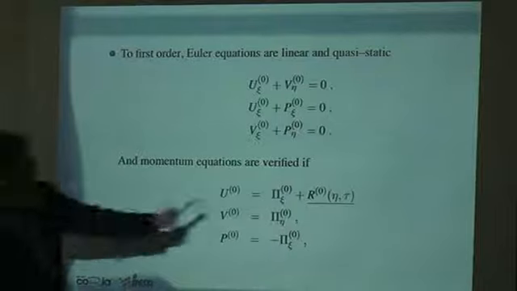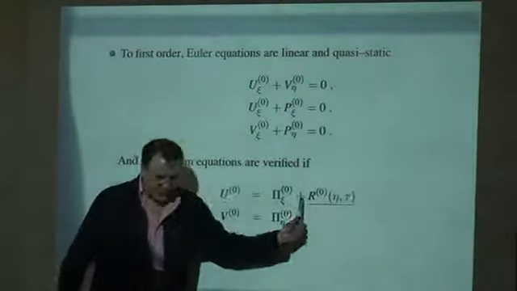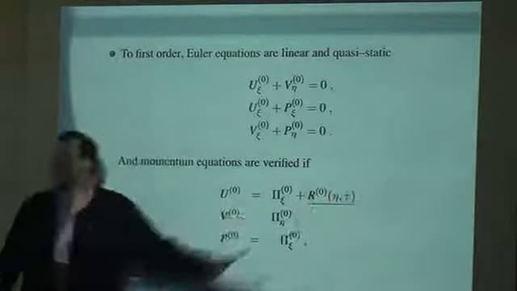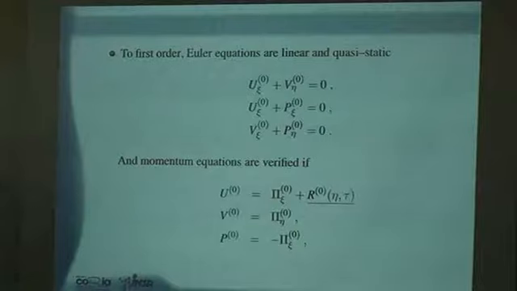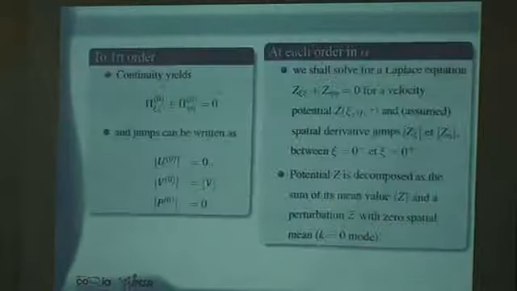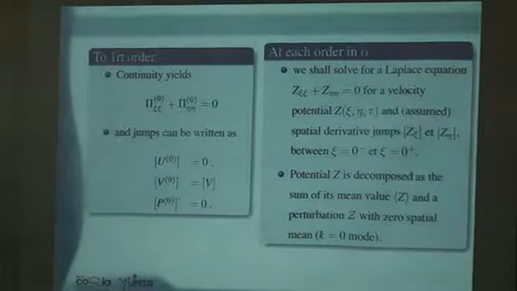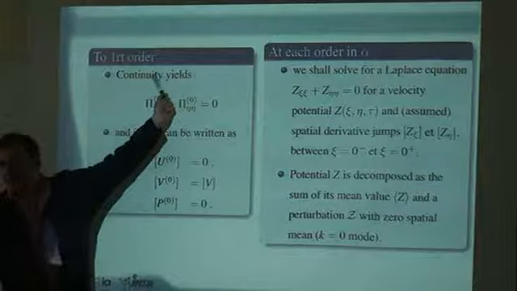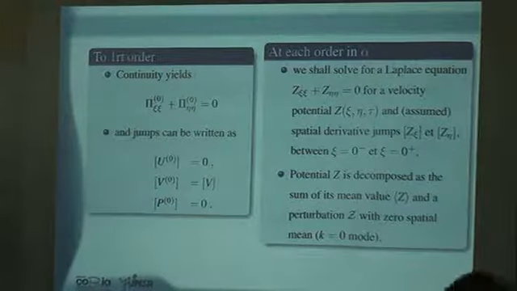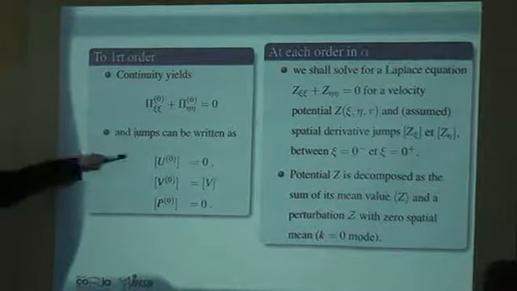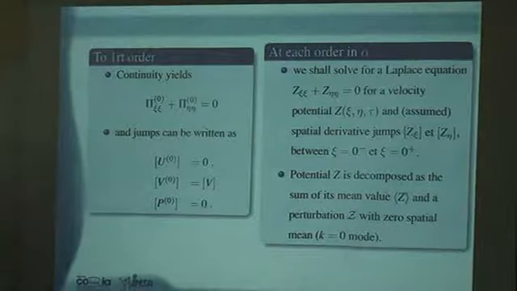And we have a vorticity term in the burnt gas side. And we have to solve the Laplace equation, this is very classical, for the velocity potential, and we have jump relations for the velocity and pressure.